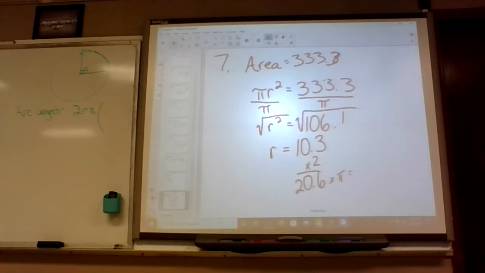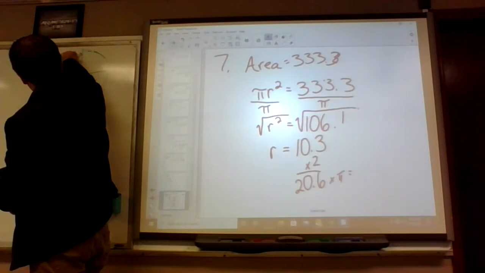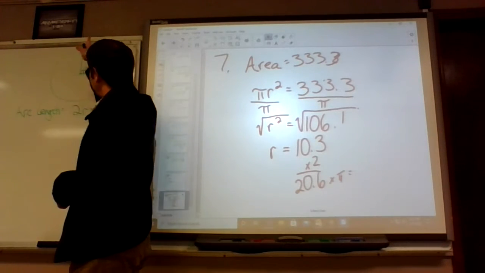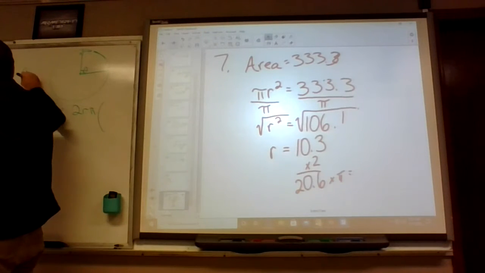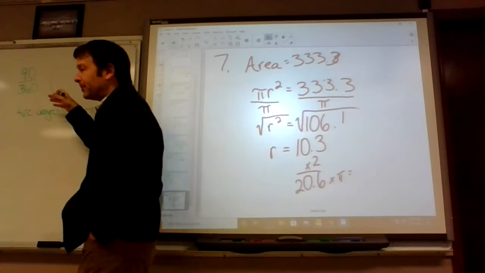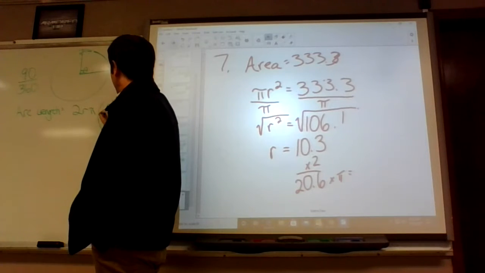A fourth, right? Because this is only 1/4 of the way around, like a clock. So you multiply the circumference by 1/4. Or in other words, you're multiplying by 90 out of 360, which is 1/4, right? So if you're using theta in general, you're multiplying by theta out of 360.